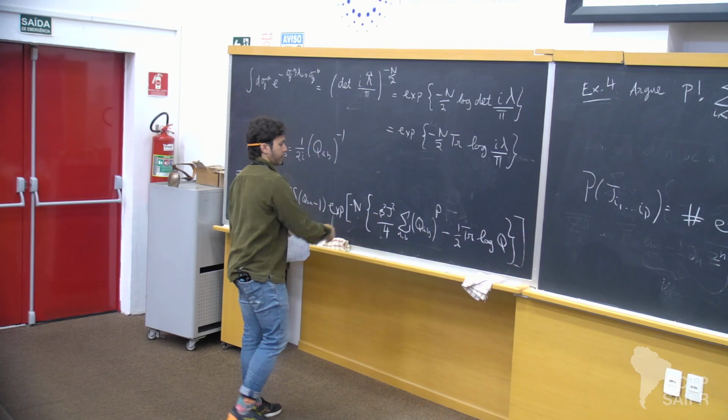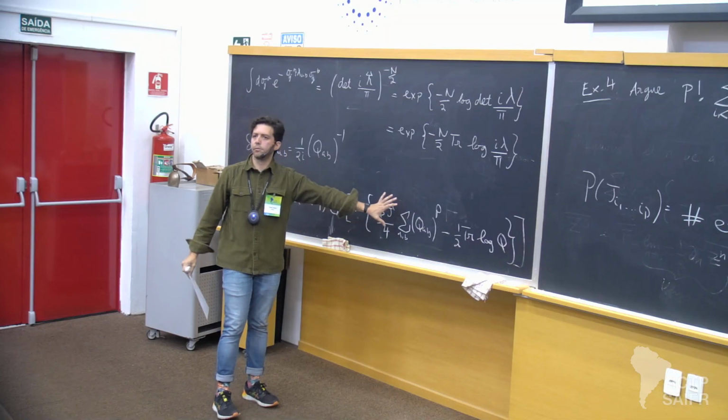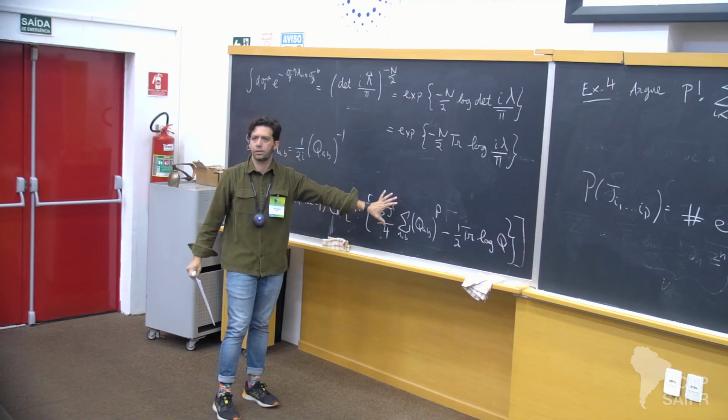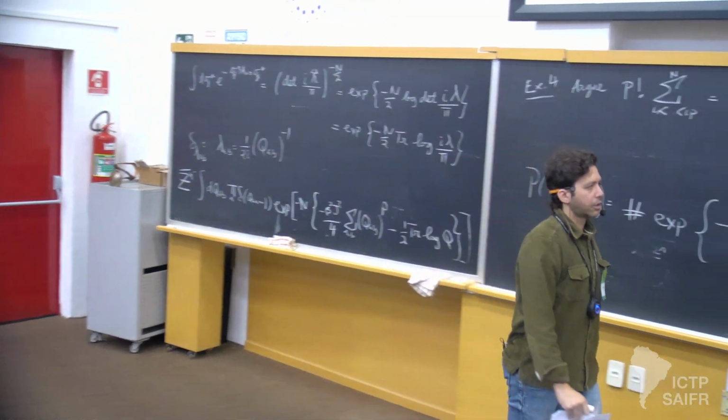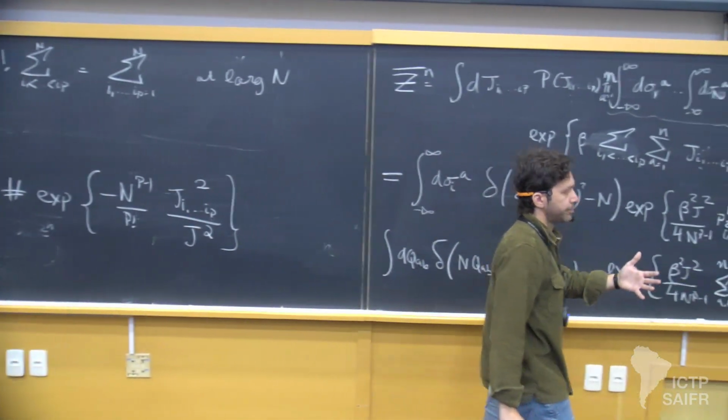There's an n out front, so all I have to do is minimize this quantity. And remember, Q is a matrix in replica space.